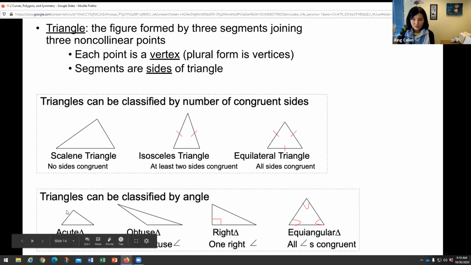So if all 3 of these angles are acute angles, which means less than 90 degrees, we call it an acute triangle. If just one angle is greater than 90 degrees, it is an obtuse triangle. If it has a right angle, which is 90 degrees, we call that a right triangle. Okay. And it's an equiangular triangle when all of these interior angles are congruent.